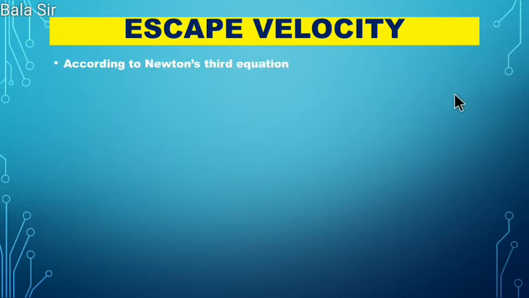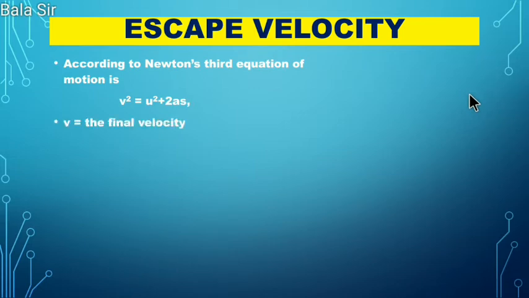According to Newton's third equation of motion, v square is equal to u square plus 2as. v is the final velocity of the ball, that is 0. a is your minus g. Therefore, put v is equal to 0 and a is equal to minus g.